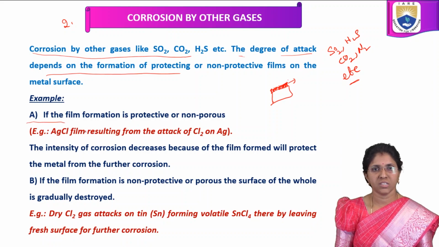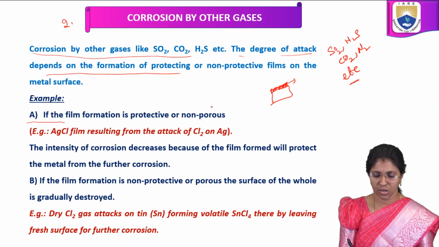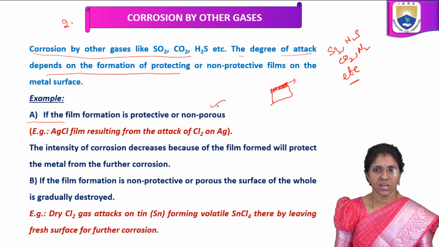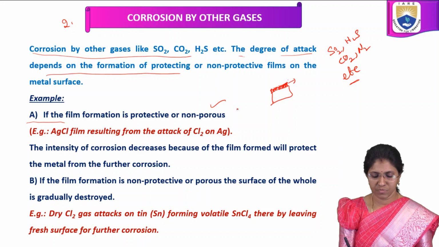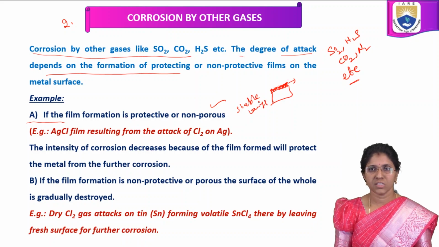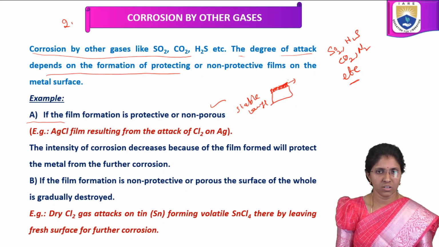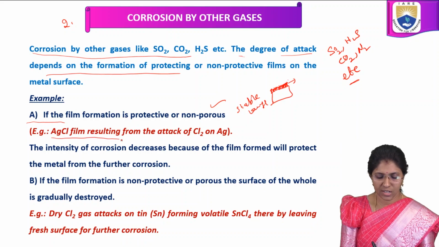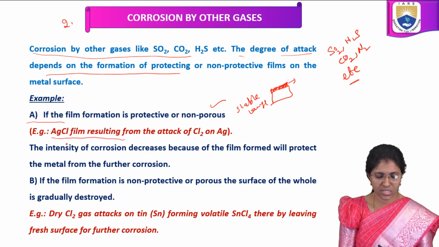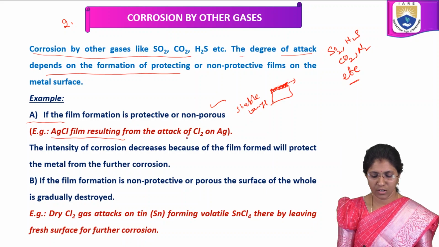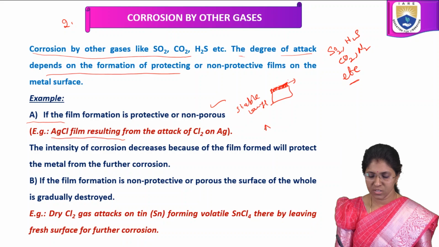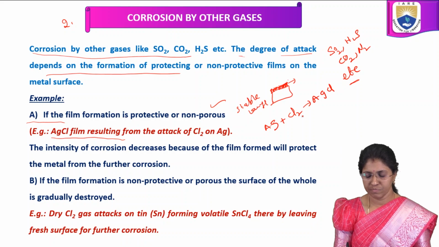If the film formation is protective or non-porous, meaning a stable layer is forming, it acts as a protective layer and further corrosion does not take place. An example of this type of corrosion is the AgCl film resulting from the attack of Cl2 on Ag. Ag reacts with Cl2 and forms AgCl.